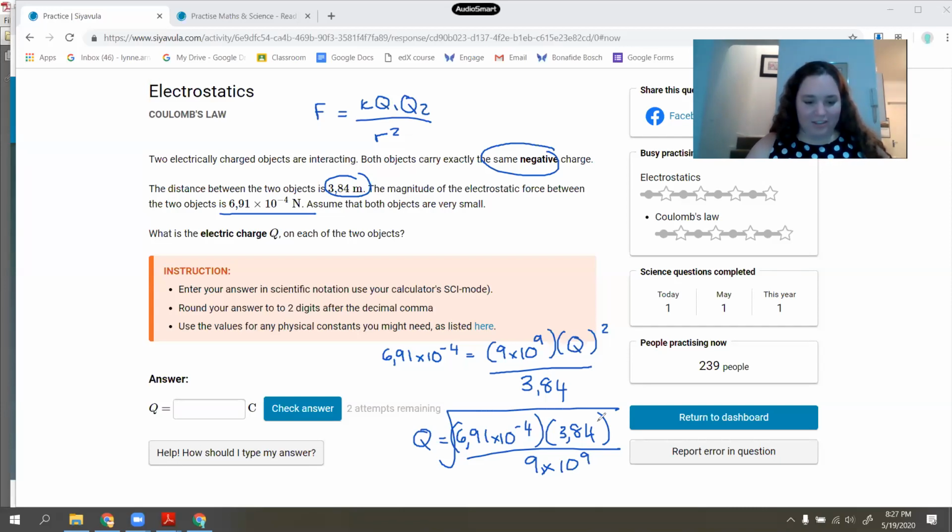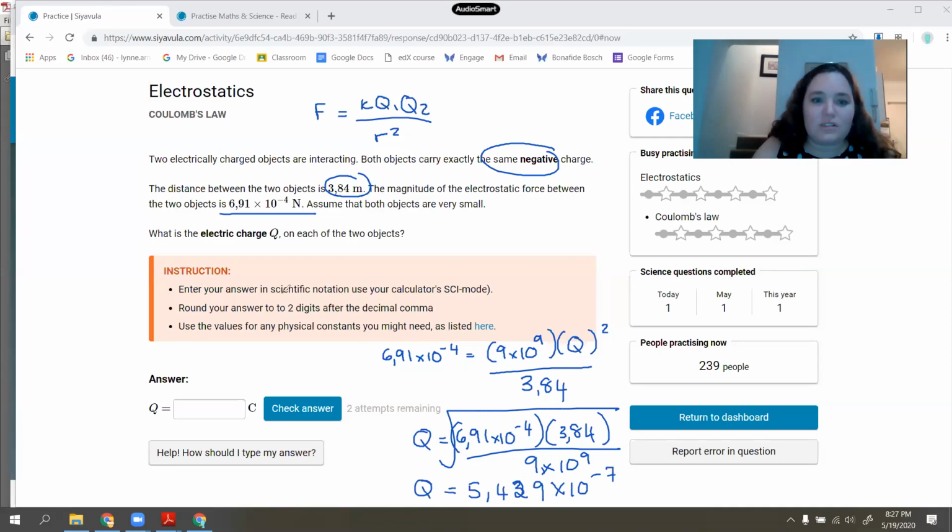Okay, I'm hoping I'm going to get this right. I square root my answer, and I get that Q, you're going to have to correct me if I've got this wrong because it's end of the day maths, is 5.429 times 10 to the negative 7.